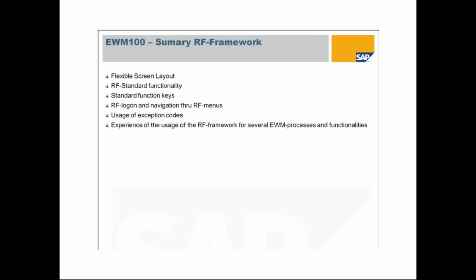Next, usage of exception codes. During warehouse task confirmation, if I want to change something within that warehouse task, it is possible in EWM, not possible in ECC WM.